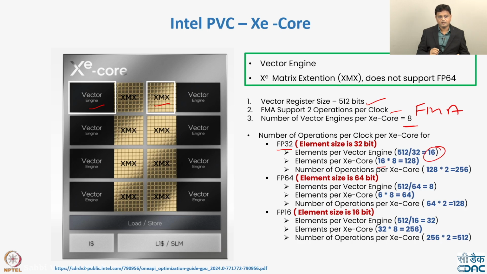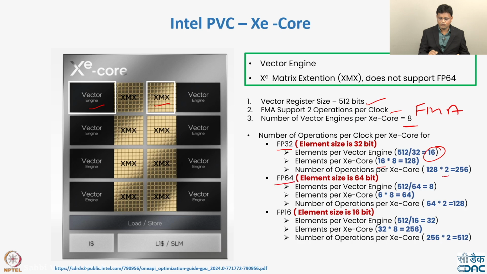Since each XC core has 8 vector engines, it can process around 128 elements. If I look at the number of operations, because it supports 2 FMA, I can multiply it by 2, so 256 elements can be processed in a single cycle.